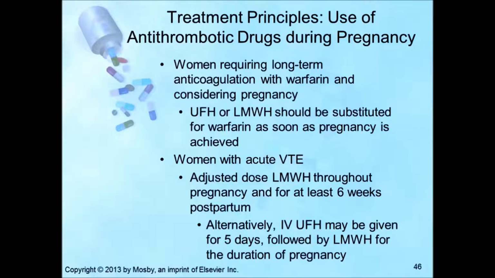Pregnant women with acute VTEs are treated with adjusted dose low molecular weight heparin throughout their pregnancy and for at least 6 weeks postpartum. These women, as we know, are at increased risk for clotting. Alternatively, IV unfractionated heparin may be given for 5 days, followed by low molecular weight heparin for the duration of pregnancy.